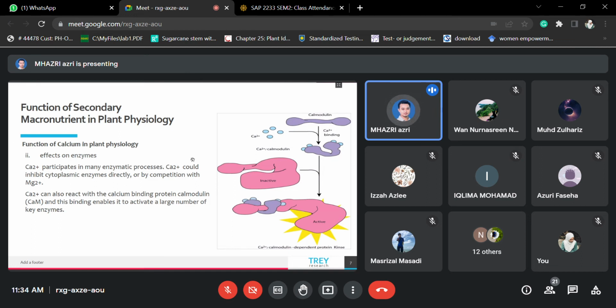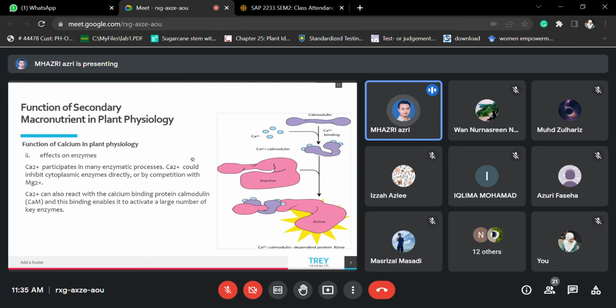Either the calcium binds directly to the enzyme, and the binding induces conformational changes in the enzyme structure, so the enzyme becomes active, or the calcium can bind with a certain protein we call calmodulin. When calcium binds with calmodulin, it becomes active, and when calmodulin becomes active, it will bind to a certain enzyme. When calmodulin binds to that enzyme, the enzyme becomes active, and it can catalyze certain metabolic processes.